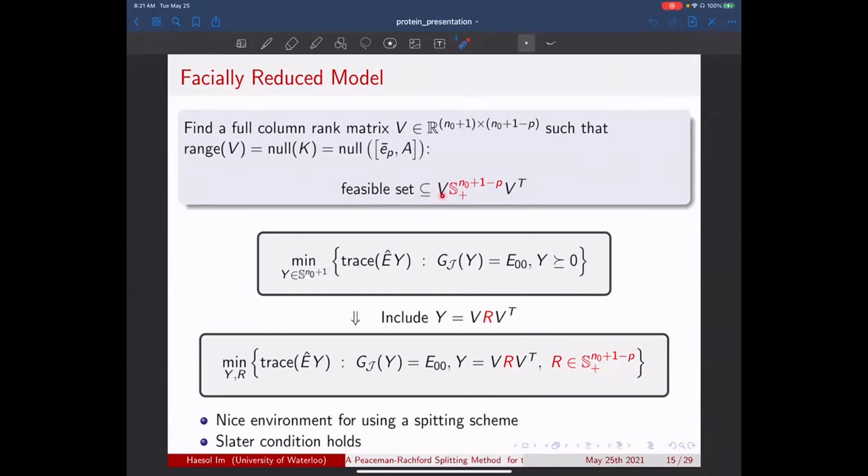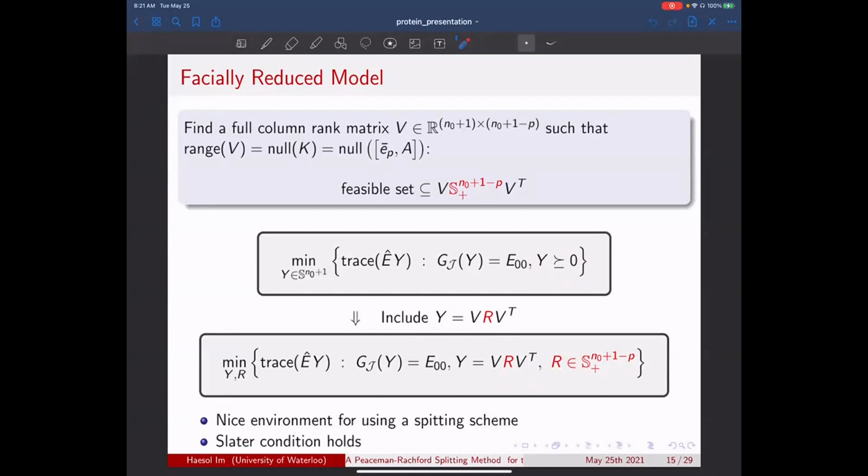So it's V times a smaller positive semi-definite cone times V transpose. Okay, so this is the positive semi-definite relaxation. And what we do is we include this Y equal to VRV transpose in the model. This is what I added. And Y being positive semi-definite is now implied by R being positive semi-definite by this equation.